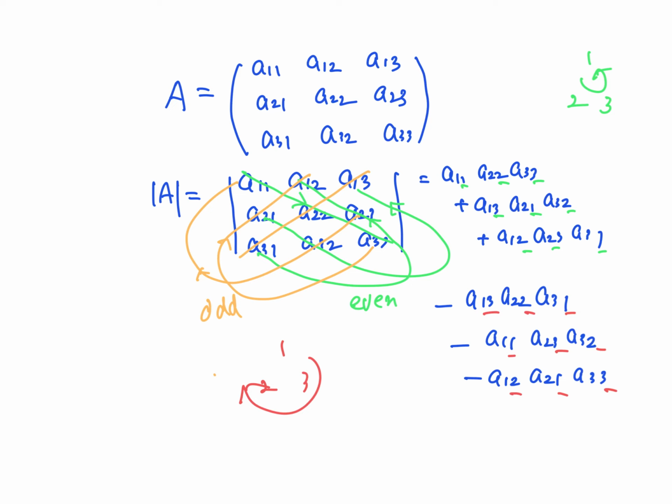So let's put some numbers. So there are three methods. One is using cofactors, right? Secondly, you can use Levi-Civita. Thirdly, this brute-force method.